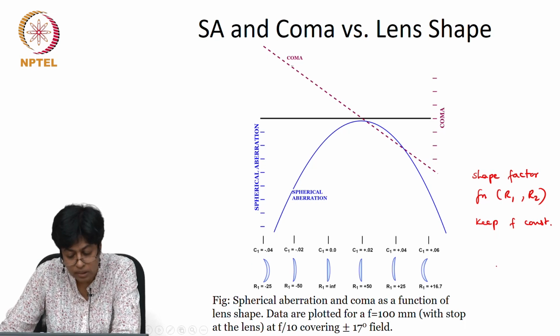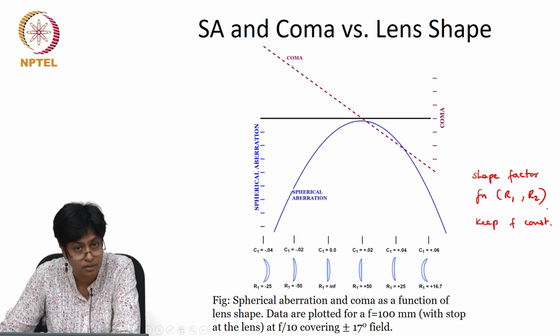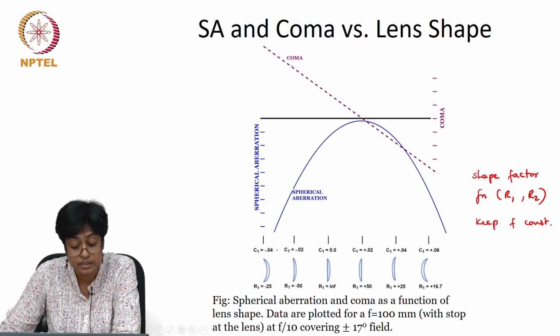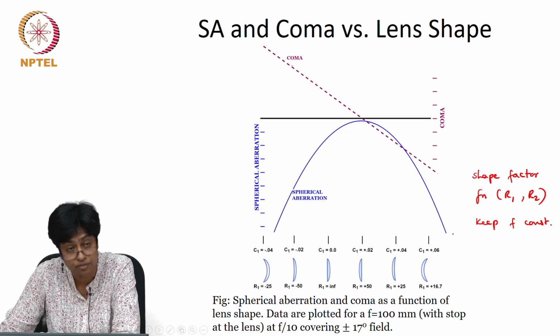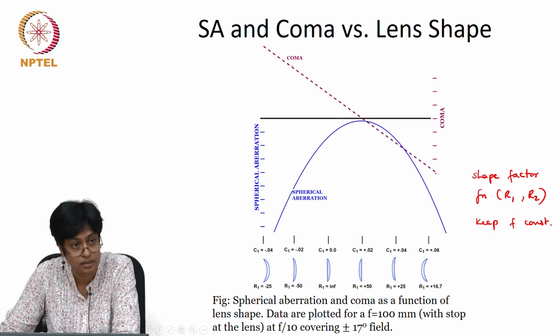But in all these cases, the spherical and coma aberrations have been calculated, and that is what is plotted. So the x-axis is plotting the shape factor, and the two vertical axes are plotting coma on this side and spherical aberration on this side. And you can see this is how spherical aberration varies for this lens, and this is how coma varies.